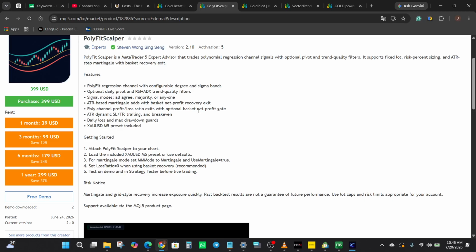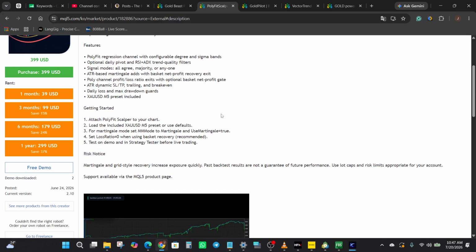And the Martingale system adds positions based on ATR distance with an exit tied to the overall basket's net profit. Now, there is also ATR based dynamic stop loss, take profit, trailing, and break even, along with daily loss and maximum drawdown guards, and an included XAU USD M5 preset.